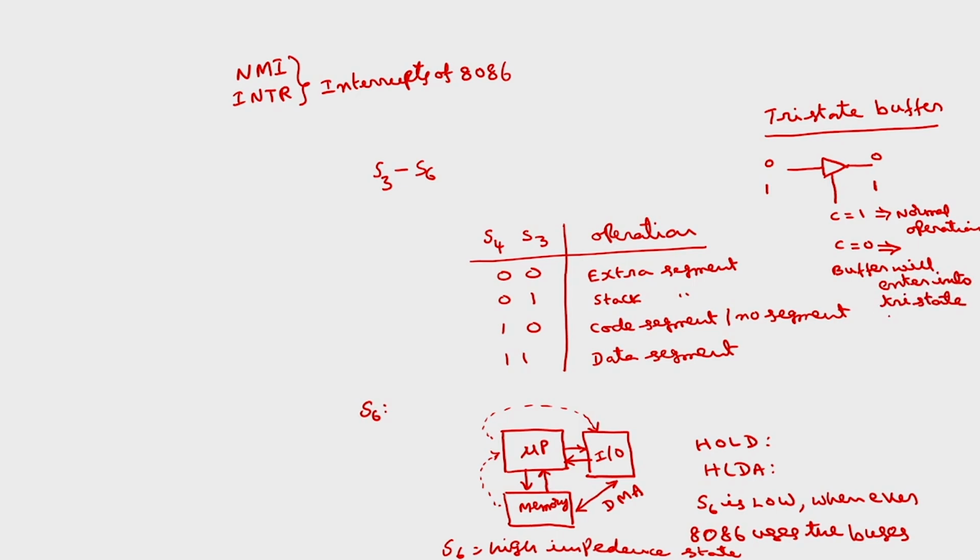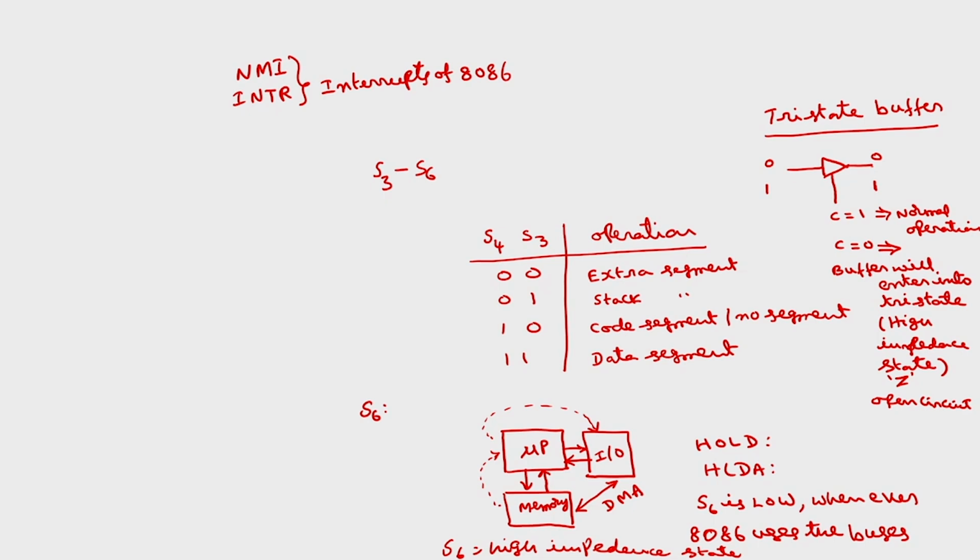Tri-state is also called high impedance state, also called Z. High impedance means the impedance will be high. What happens then? It almost acts as an open circuit, which means it will not draw current from the device connected to its output.